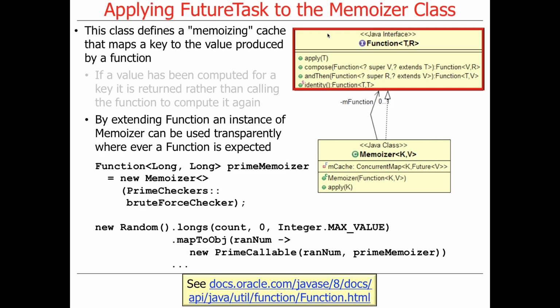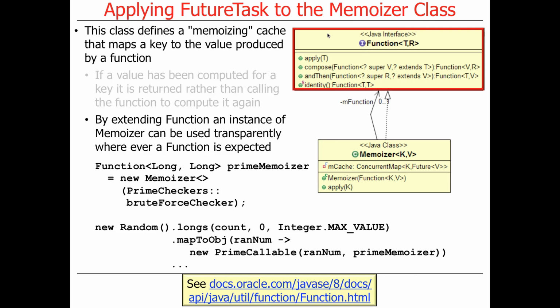So, for example, in our prime checker program that has the Memoizer optimization, we're going to create ourselves a function called primeMemoizer. Before we called it primeChecker, now it's primeMemoizer. And instead of giving it the brute force checker method reference, we're going to make a Memoizer that takes the brute force checker as a parameter, and then we're going to pass that Memoizer into the PrimeCallable class, or instance of the PrimeCallable class.